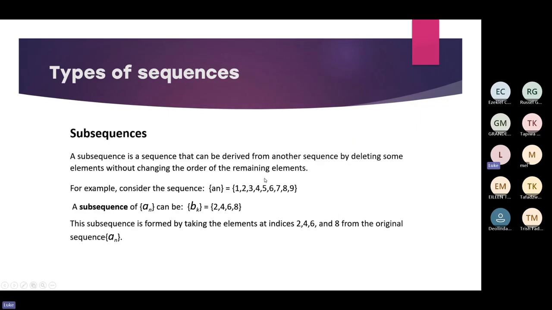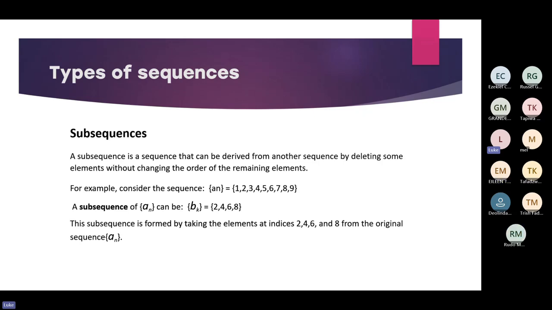Now we go on to subsequences. A subsequence is a sequence that can be derived from another sequence by deleting some elements without changing the order of the remaining elements. For example, consider the sequence A subscript n, which equals 1, 2, 3, 4, 5, 6, 7, 8, 9.